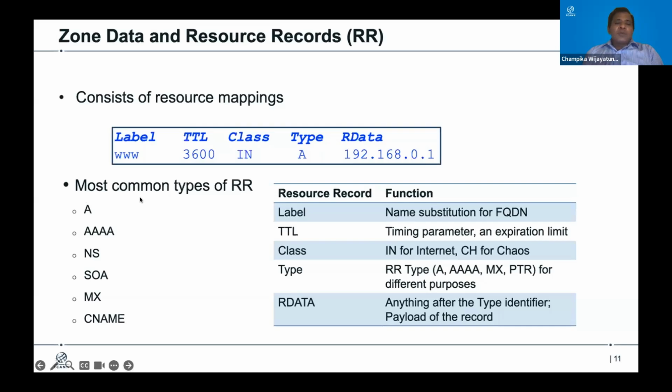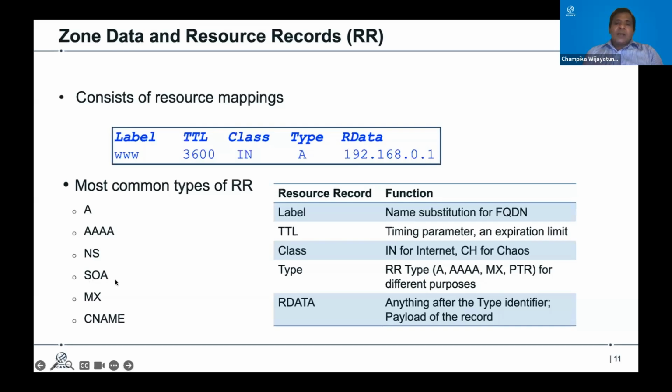So these are some of the most common types of resource records. If you want to define an IPv4 address, we use an A record. If you want to define an IPv6 address, we use a quad A record. If you want to specify a name server, we use an NS record. If you want to specify some administrative details, we use a record called SOA.